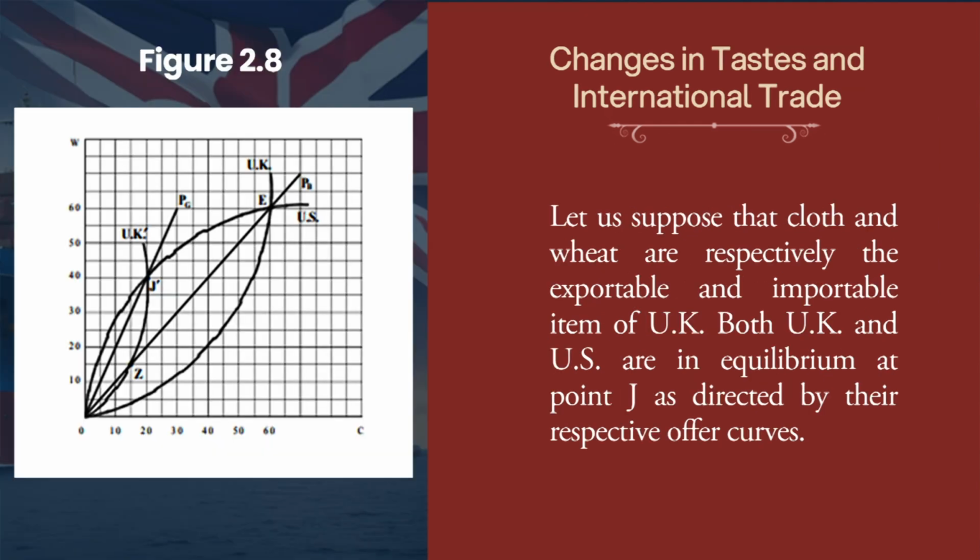Let us suppose that cloth and wheat are respectively exportable and importable items of the UK. Both UK and US are in equilibrium at point J.